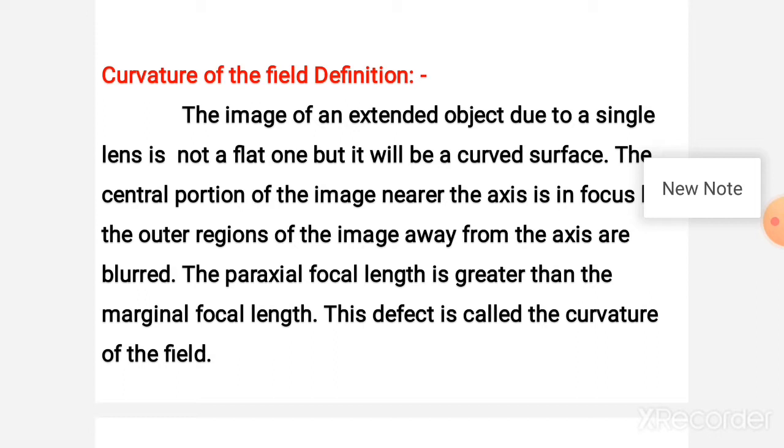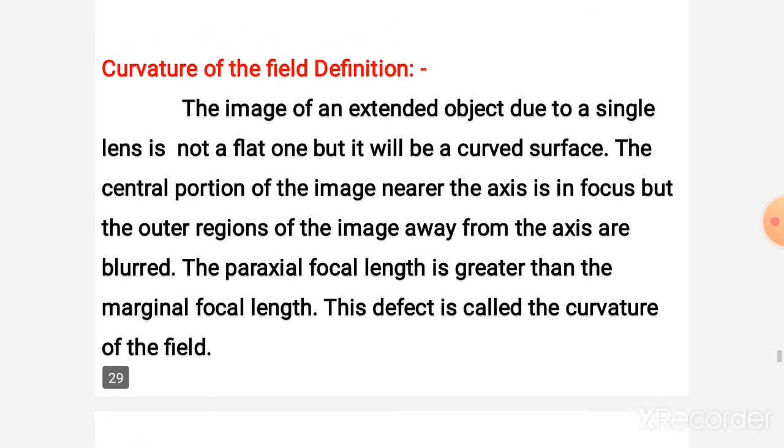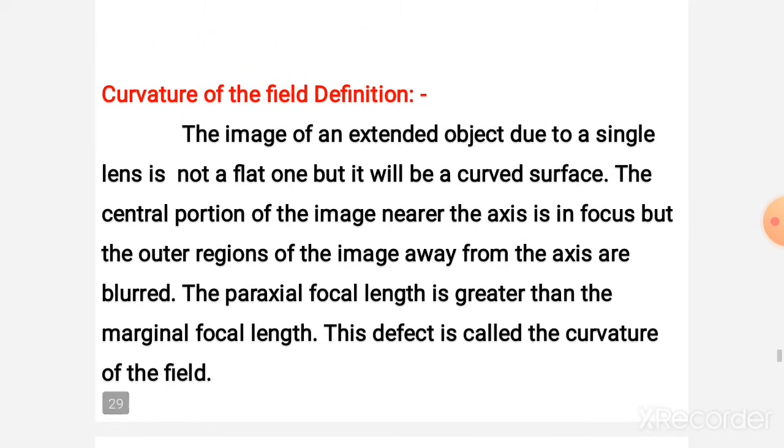So the object is flat, the image must be flat, but in this case of aberration, the image is like a curved surface. Here the central portion of the image near the axis is in focus, but in the outer region the image away from the axis is blurred, that is not clear. The image at the center is in focus, but at the corners the image is blurred.